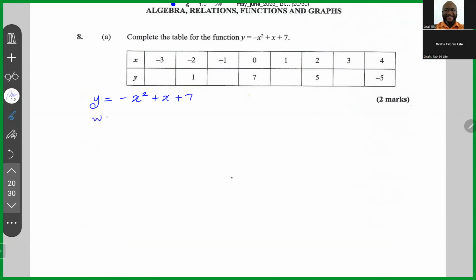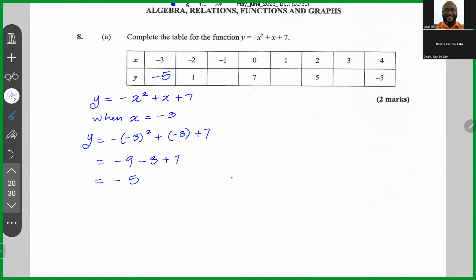When x is equal to minus 3, y would be equal to minus 3 squared plus minus 3 plus 7. This is going to work out to be minus 9 minus 3 plus 7, which works out to be minus 5, I think. So the number here is minus 5.